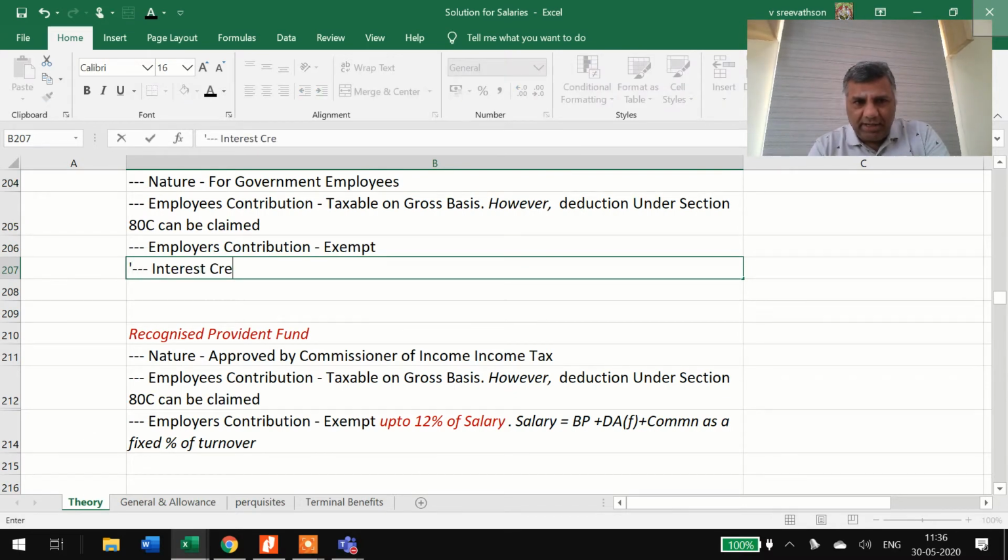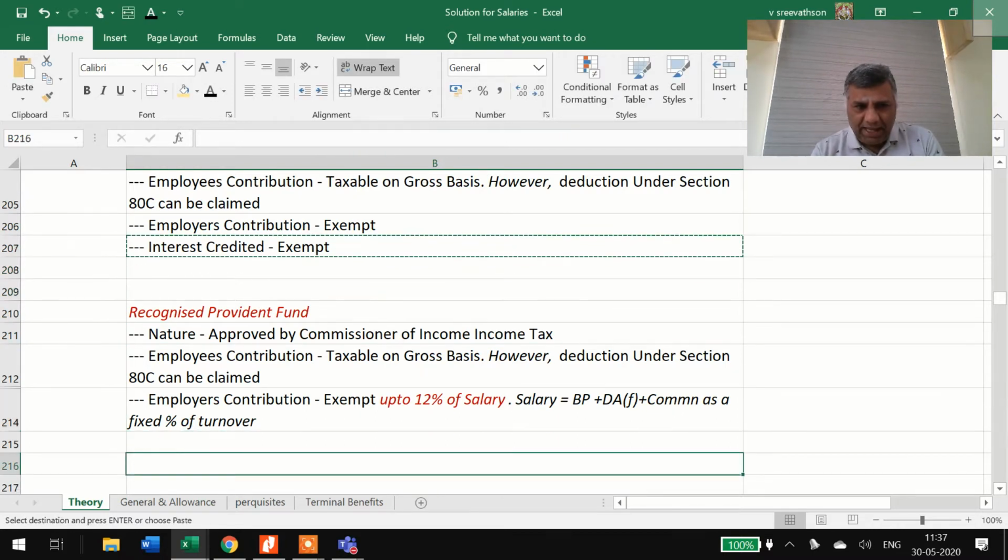Interest credited. In the particulars column, interest credited. For SPF, exempt.